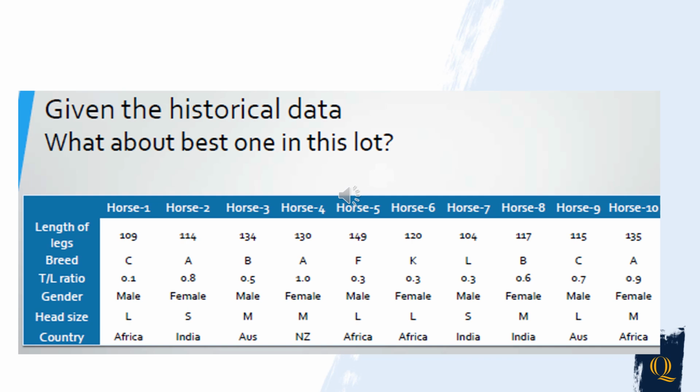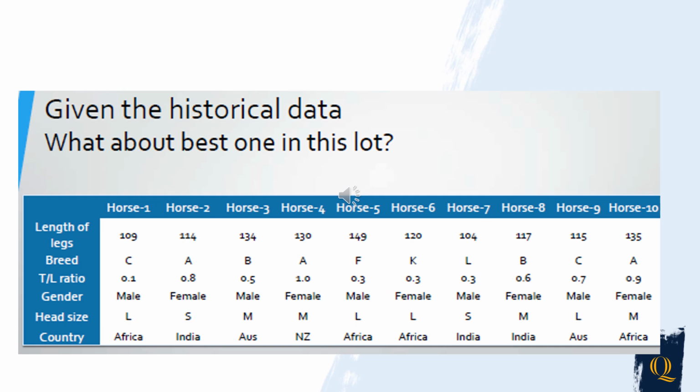With a larger selection of horses, let's apply what we've learned about historical data to identify the best one in this lot. We have various factors to consider, such as length of legs, breed, TL ratio, gender, head size, and country of origin. For example, we know that horses with long legs, specifically around 150 centimeters or more, tend to win 75% of the time.